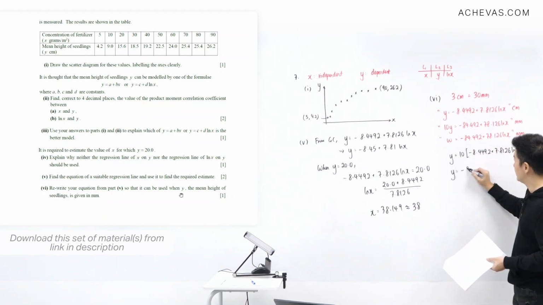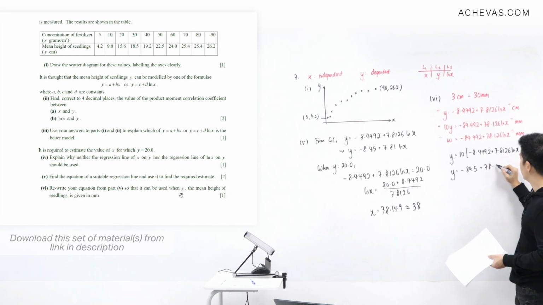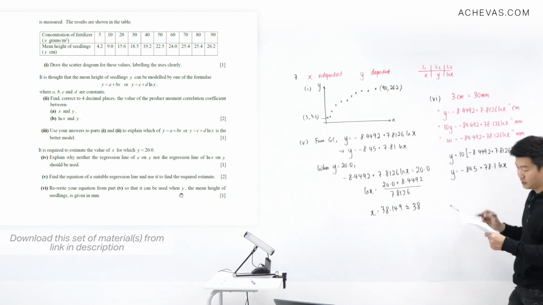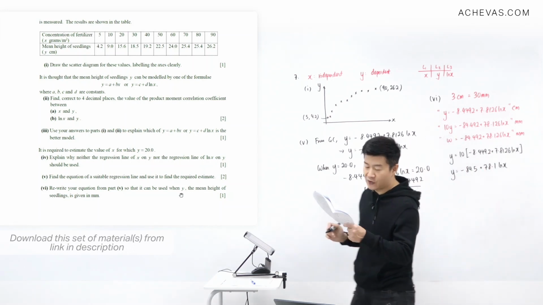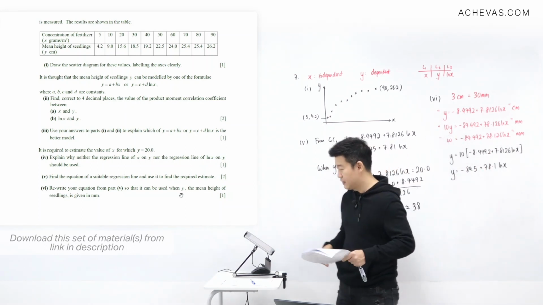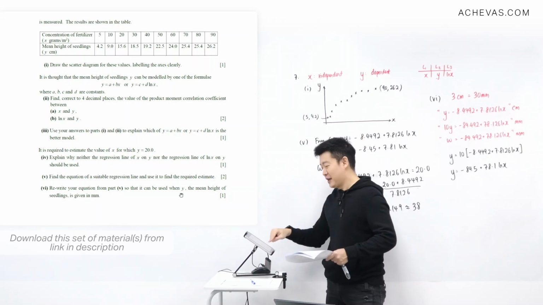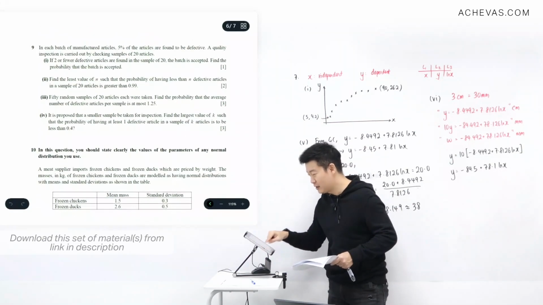So it is going to be negative 84.5 plus 78.1 ln x. Okay, so this is my answer for part 6. Next, let's take a look at another one, question number 9.